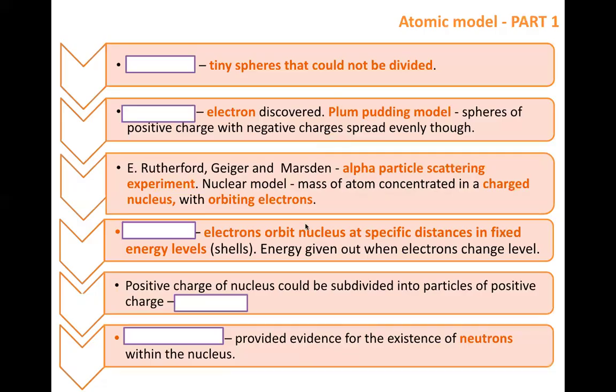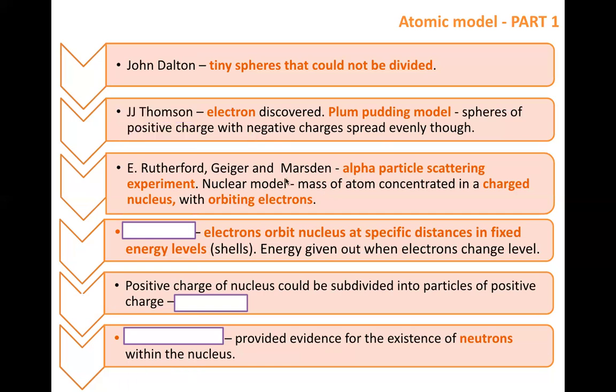Okay, we need to know about this atomic model. A number of scientists came up with different models to show where we got to today, where we have the protons and neutrons in the nucleus, and the electrons whizzing around the outside. So we've got a kind of timeline, if you like, where we've got John Dalton, who said that tiny spheres cannot be divided.